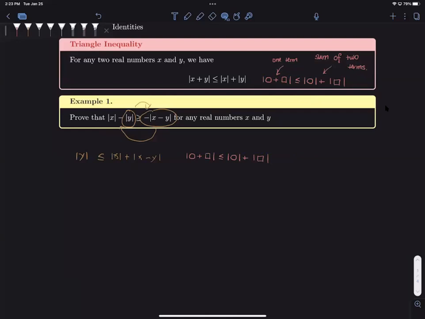Now, can someone tell me what is my square and what is my circle? So you're saying my square is x minus y, and my circle is y. But x minus y plus y is x, so this is y. You're really close, really, really close.